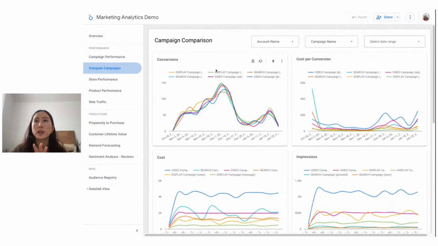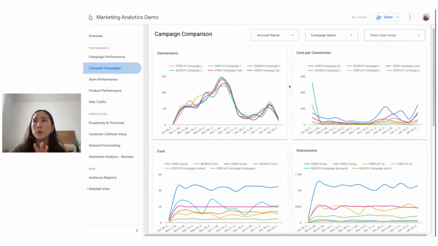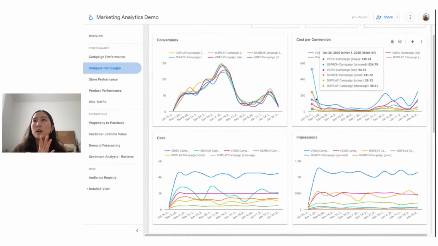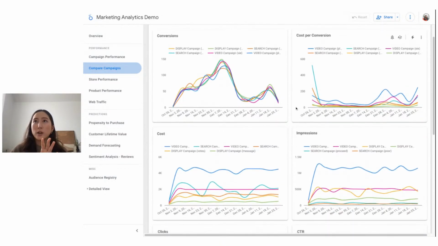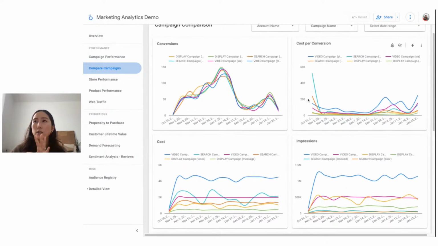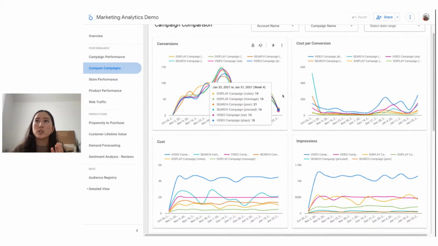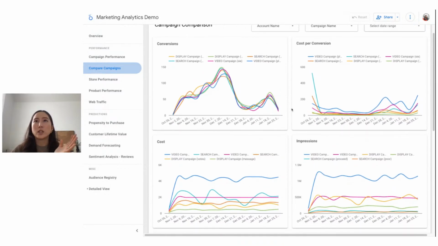So we have this compare campaign view where you can see each campaign differently and be able to look at the costs and compare them to each other. And this can really help make sure that she's running the most effective campaigns, maybe evaluate which campaigns she needs to prioritize and which campaigns she can deprioritize.